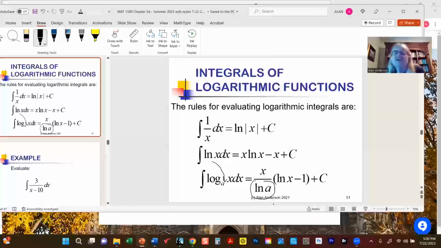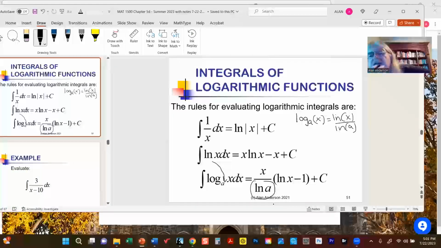Okay, this actually comes back to the idea that any log you have could be rewritten like this.